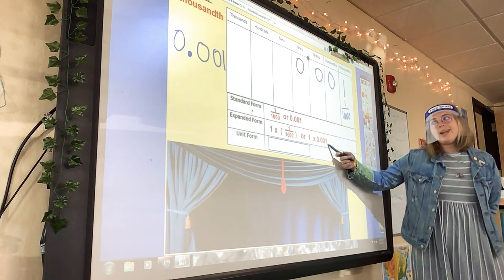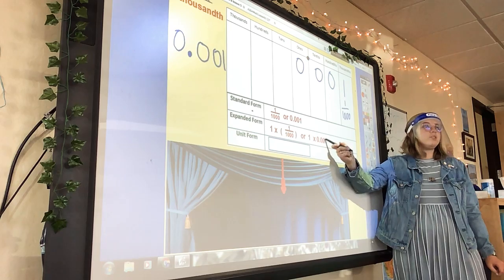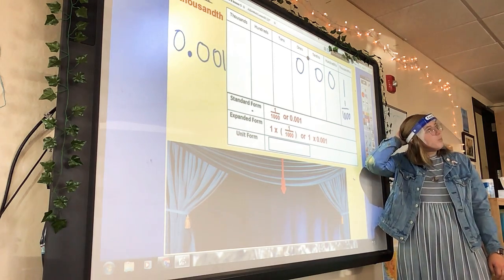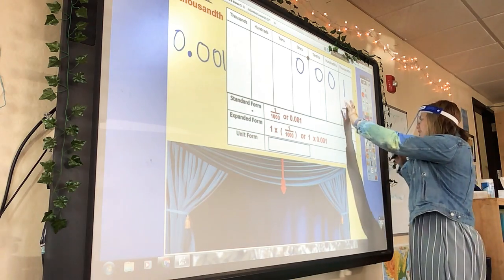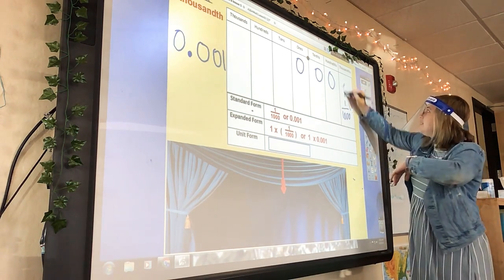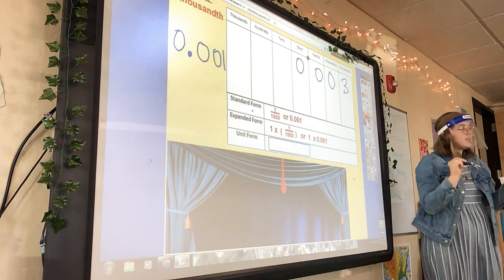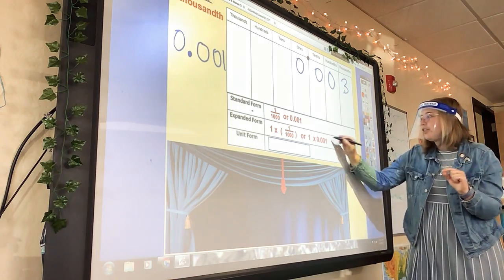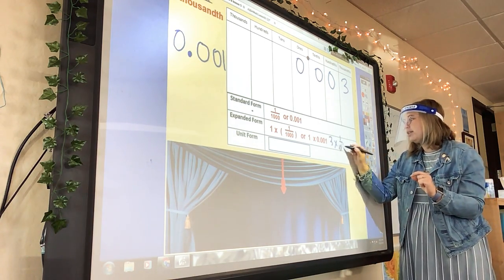Or you can still write it as a decimal. So it's still one copy of 0.001. Hear me out on this. If I had instead, don't write this, just look up here, 3 thousandths, I would write 3 copies of 1/1000.